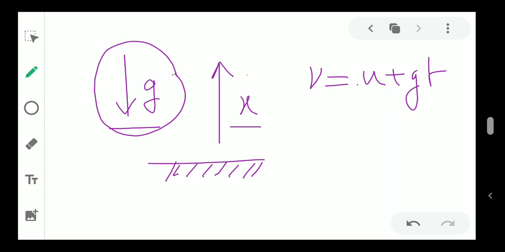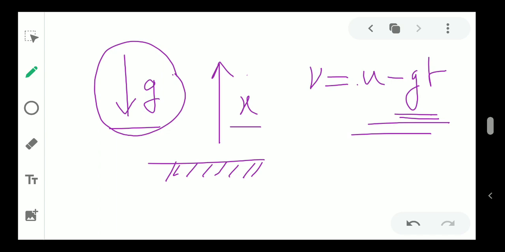So instead of this we use a minus sign here, and that means it's a retardation, that means the v is decreasing. But you can always compare these two things with the help of vectors also, that due to vectors, as we have changed the direction, the sign is also changed.